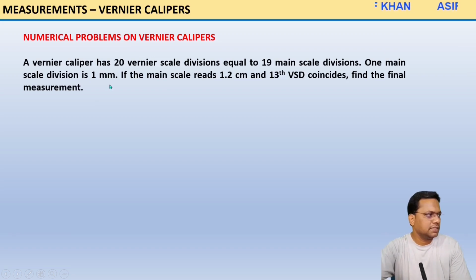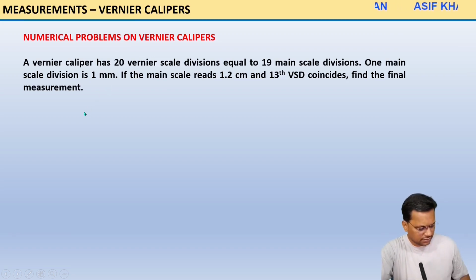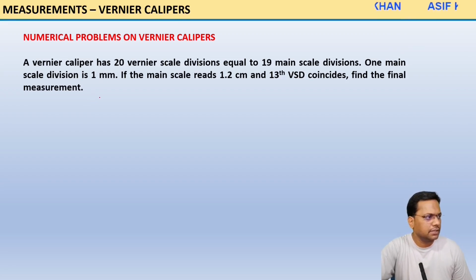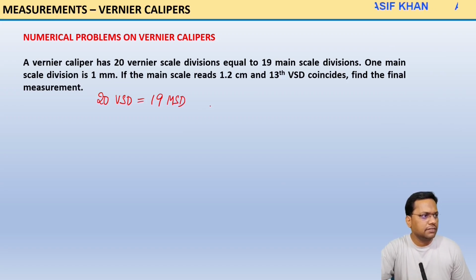In the first sentence, it is given that 20 vernier scale divisions, that is the principle, 20 VSD is equal to 19 MSD, main scale divisions. And one main scale division is given, that is 1 MSD is equal to 1 mm.